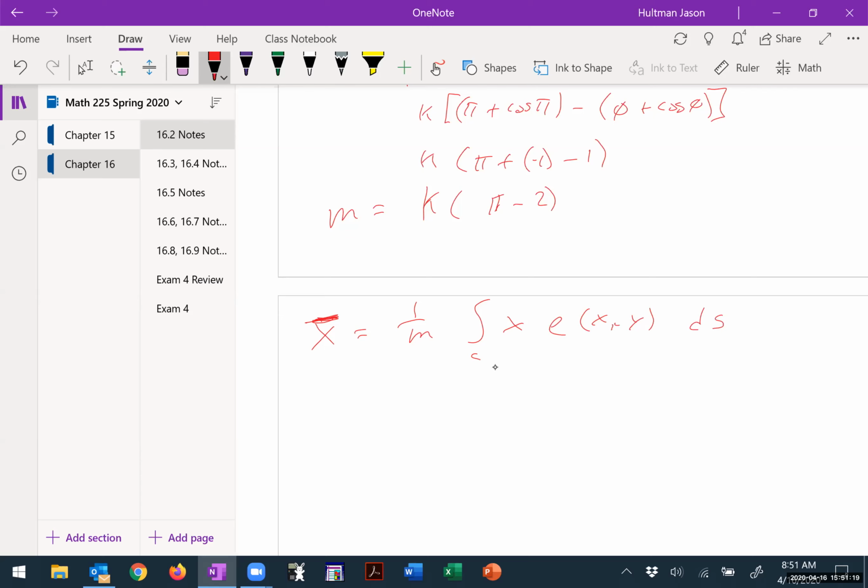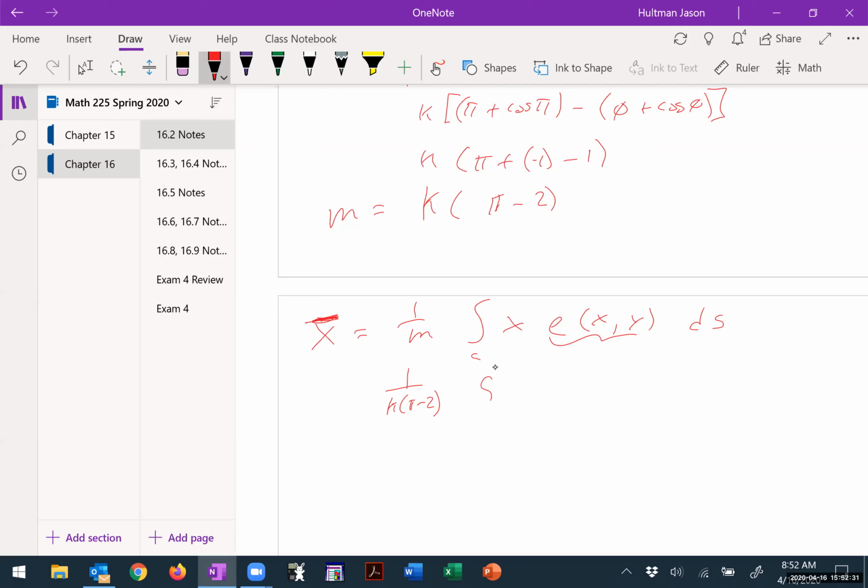Well, 1 over m was 1 over k times pi minus 2, sorry. So what was x? When we parameterize this, doesn't x become cosine t? And what was this thing here? Maybe I'll just write it out.